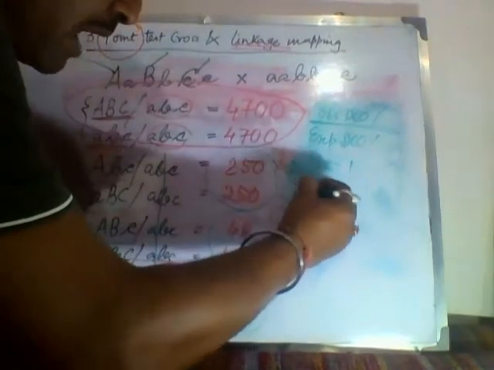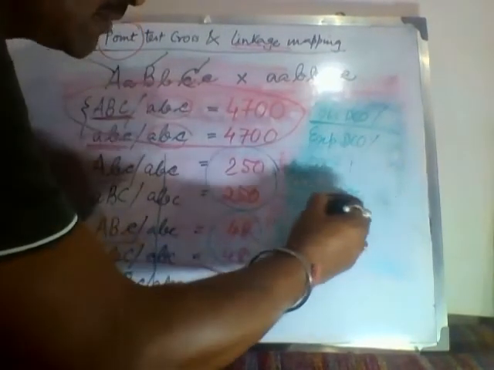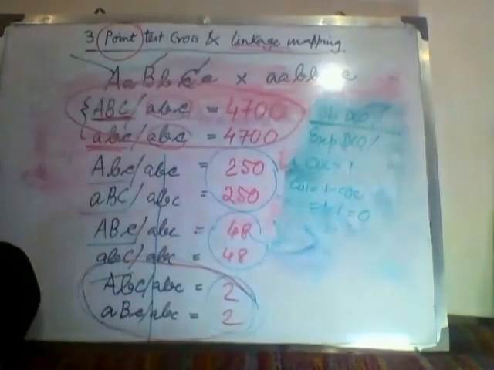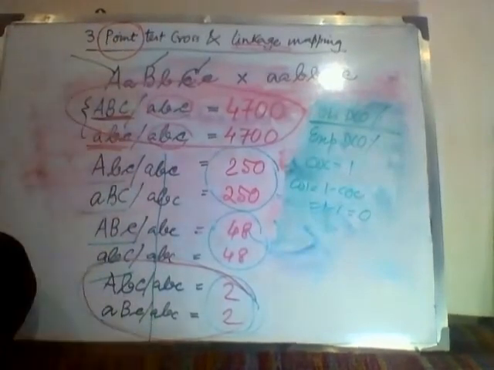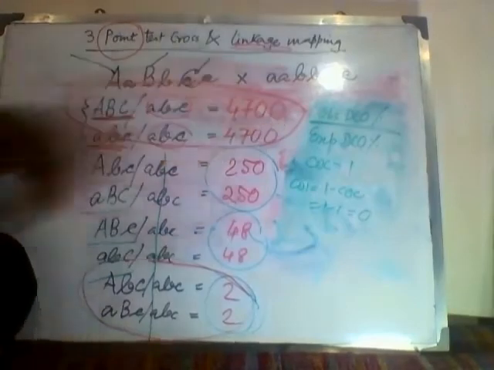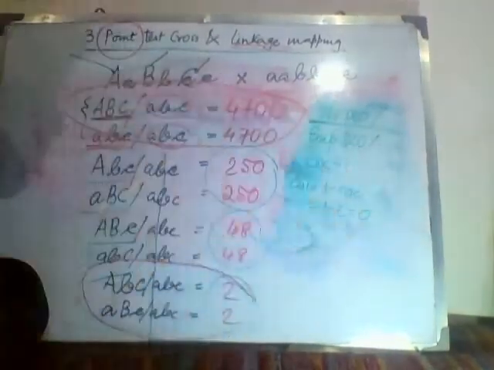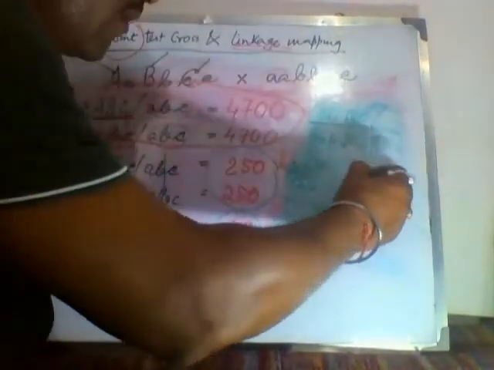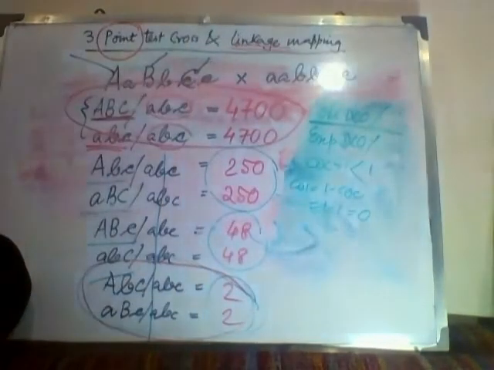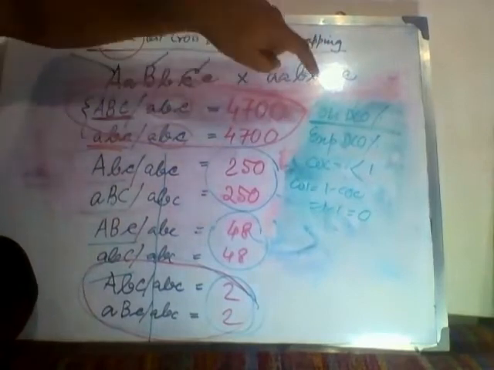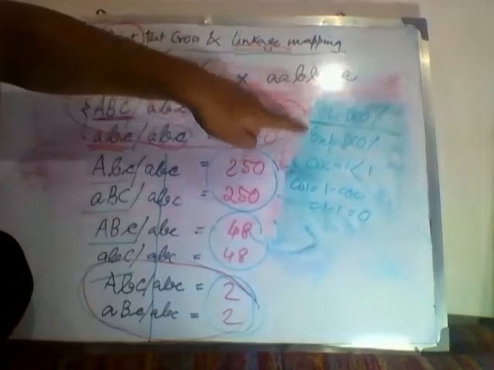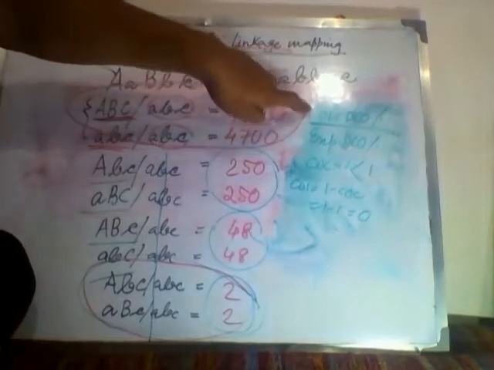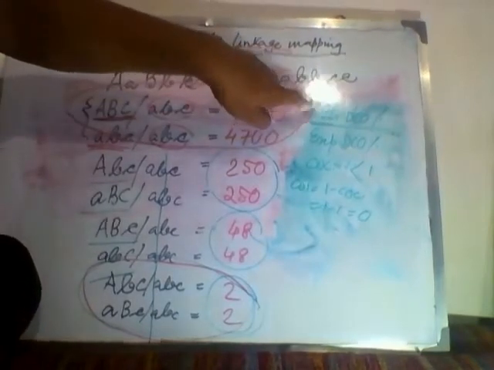So COI, which is 1 minus COC, becomes 1 minus 1 equals 0, meaning there is no interference. So when there is interference, the COC will never become 1, it will always be less than 1. It means I expect more double crossing over, but I really get less double crossing over due to interference, right?